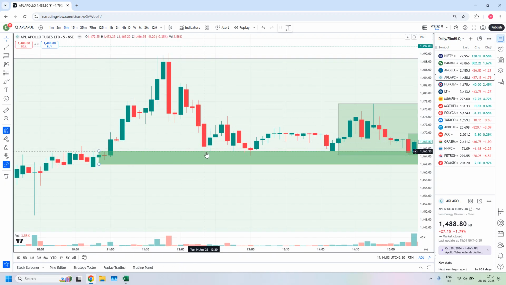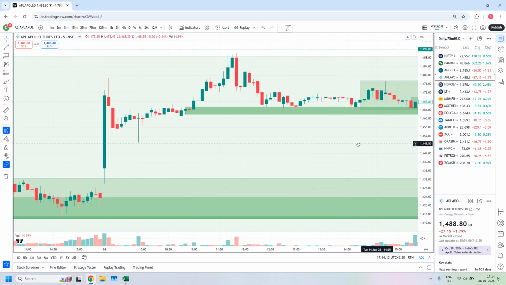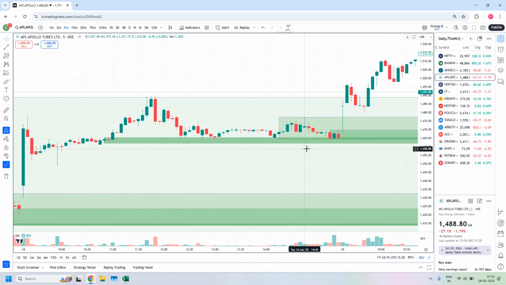It is tested and again moved up, again tested, again moved up, again tested, several times already tested. It's a high liquidity zone and also it is the horizon for this 75 minute zone and for the fine-tuned 15 minute zone. For everything this is the horizon.